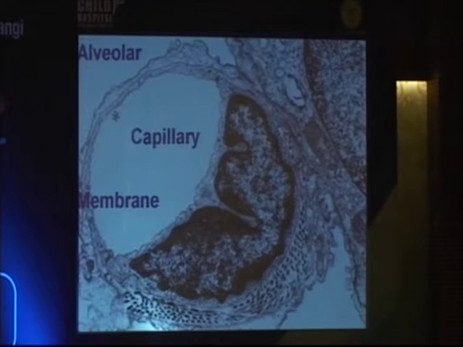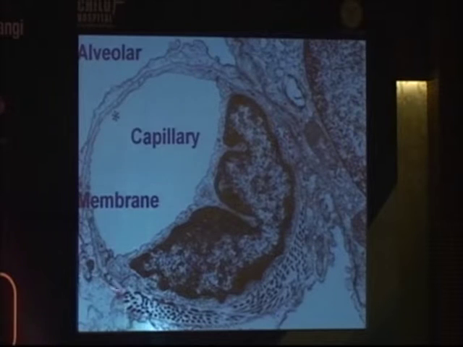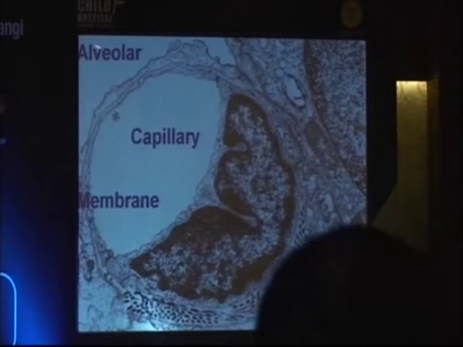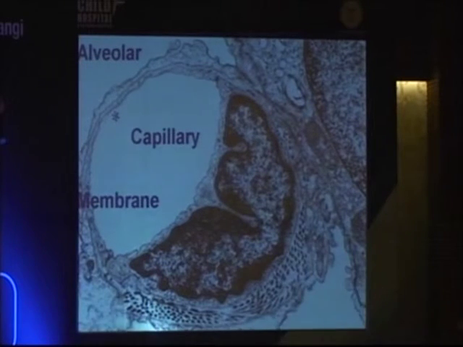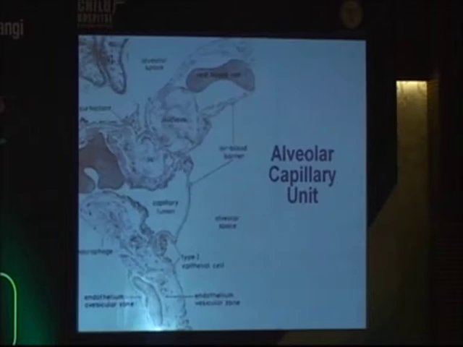So this is this very delicate interface shown here on an electron micrograph between the alveolus and the pulmonary capillaries that course through the lungs. So we want to have adequate alveolar recruitment, so these alveoli are open, but not so much pressure that this is actually impinging on the pulmonary capillaries.